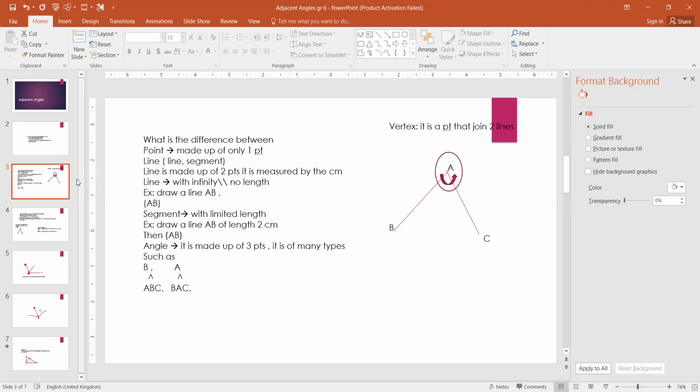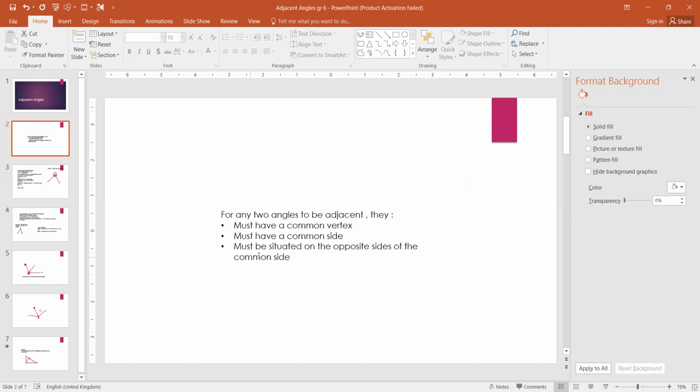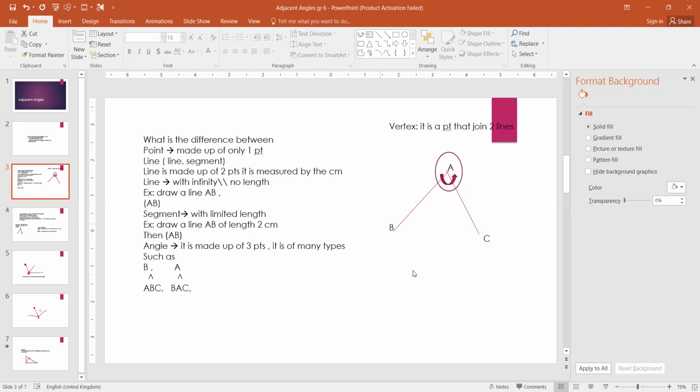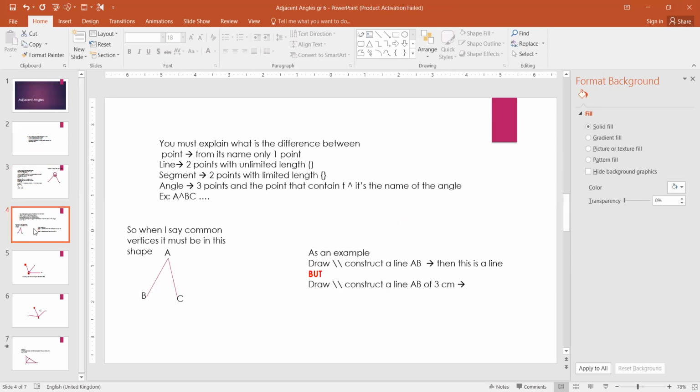Just remember this. What I was drawing here is only one angle, which is either BAC or CAB. Okay, let's move to the new slide.